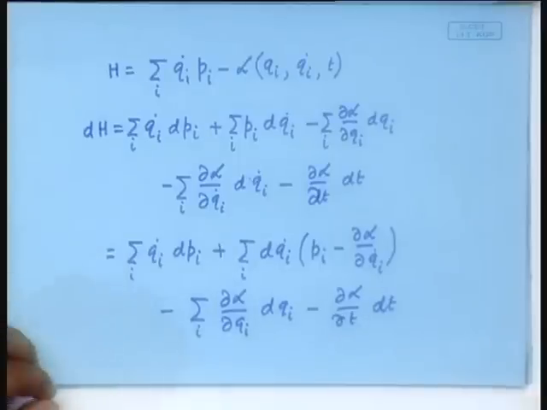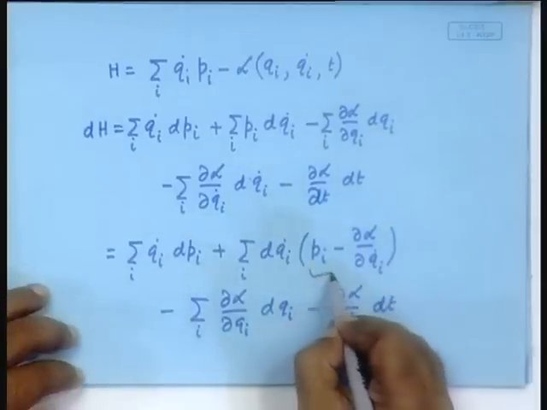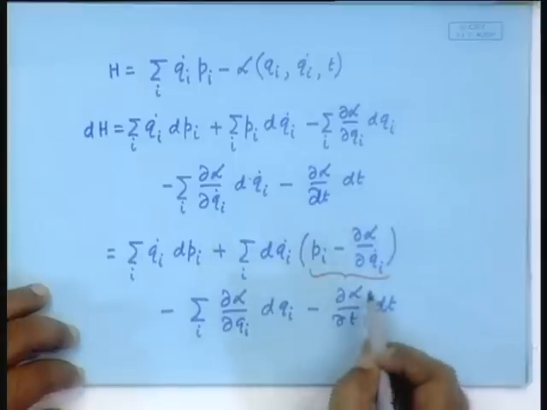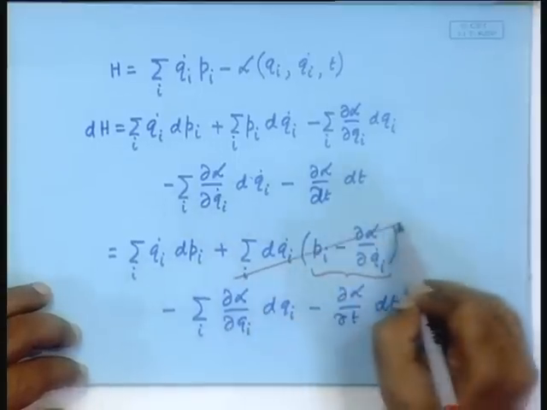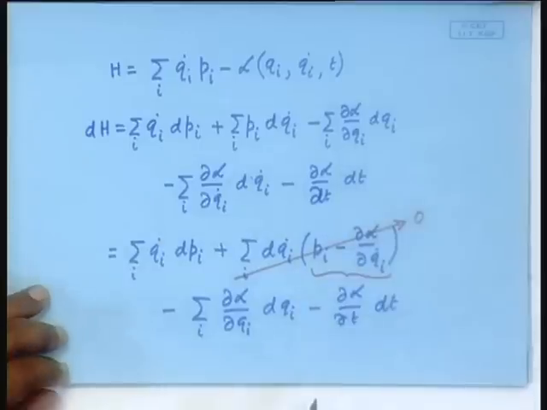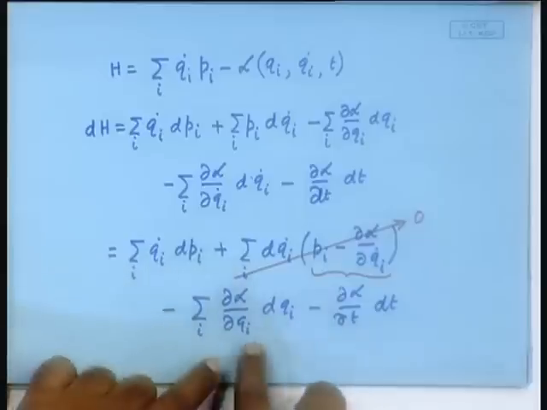Now, notice what is this? Will be 0, yes, because this is nothing but this. So, this whole term goes to 0, simplifies our affair. So, it is only this, this and this.